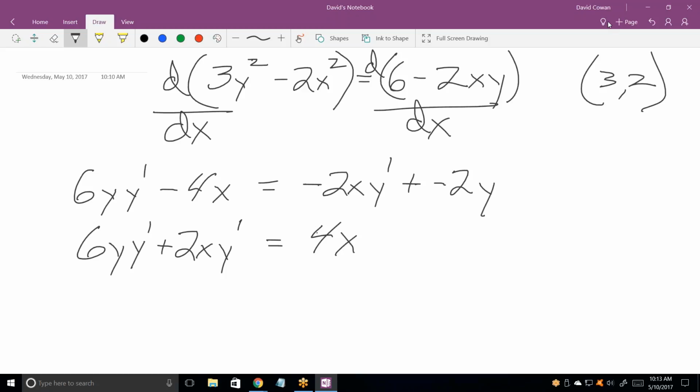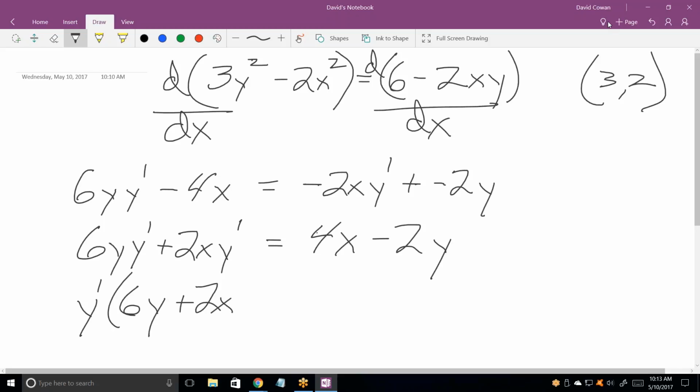Get one side that has all the terms with y prime, and the other side with no terms with y prime. Now the secret here is to factor out the y prime. Because that's going to leave something that you can then divide both sides by. Right. And you will have solved for y prime.